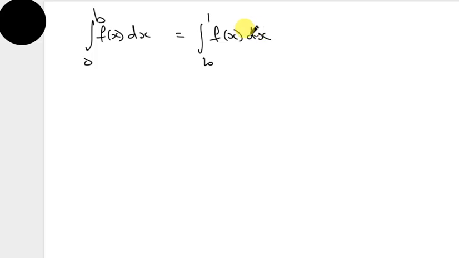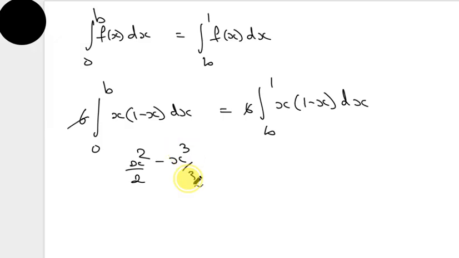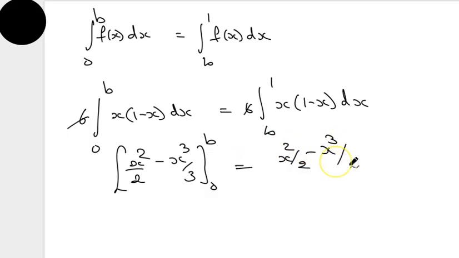Am I right? Now this is nothing but 6 times integral 0 to b x into 1 minus x dx equal to 6 times integral b to 1 x into 1 minus x dx. So 6 and 6 will get cut for us. We will have x squared by 2 minus x cubed by 3 all between 0 to b equal to x squared by 2 minus x cubed by 3 all between b to 1.